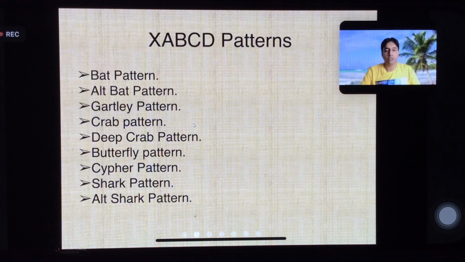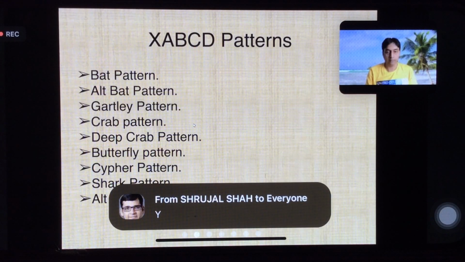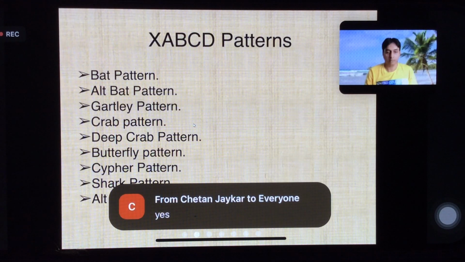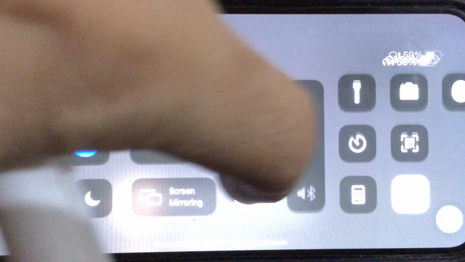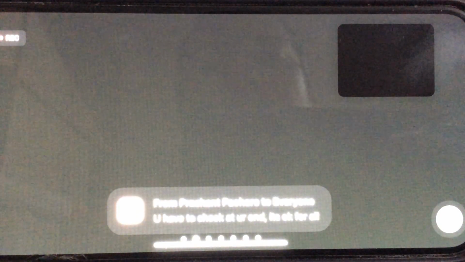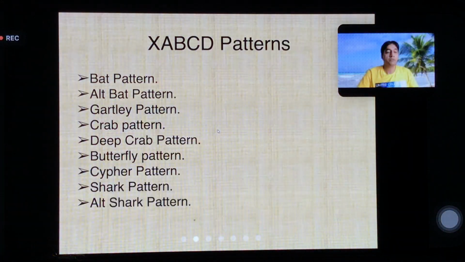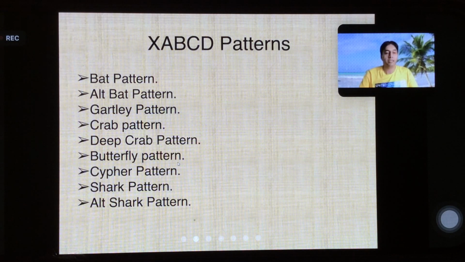Is audio okay for all? Okay, so: Bat pattern, alternate Bat pattern, Gartley pattern, Crab pattern, Deep Crab pattern, Butterfly pattern, Cipher pattern, Shark pattern, and alternate Shark pattern.